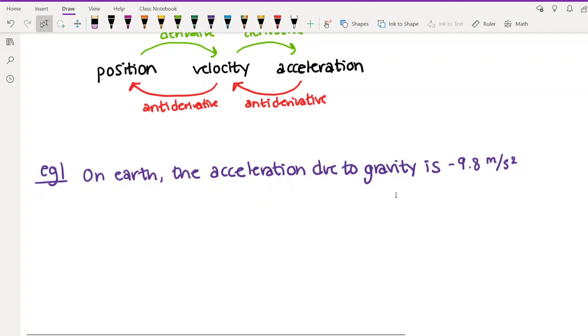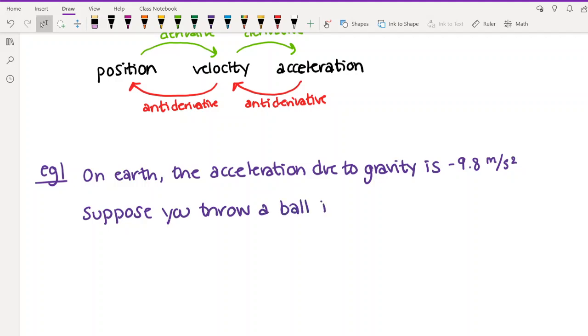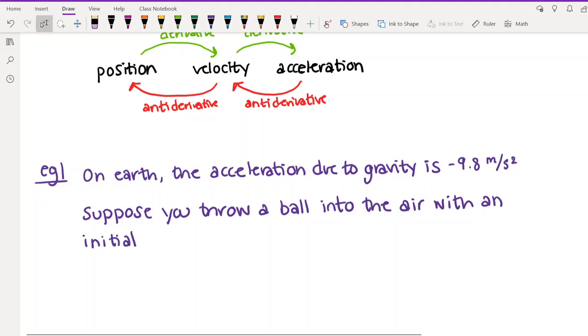So basically we're going to say, suppose you throw a ball into the air with an initial velocity of 4 meters per second.